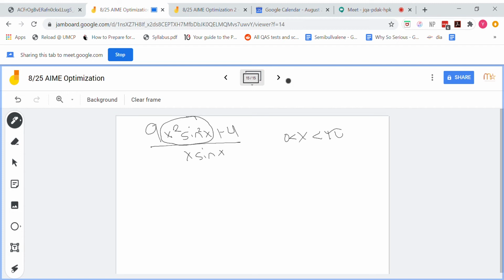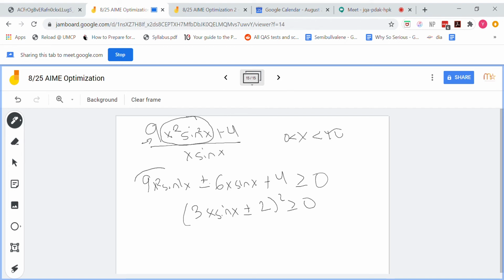And so if I try to change this into a square, what we have is that 9x squared sine squared x plus 6x sine x plus 4 is going to be at least 0 by the trivial inequality, plus or minus. Right? Because we have (3x sine x plus or minus 2) squared is at least 0.